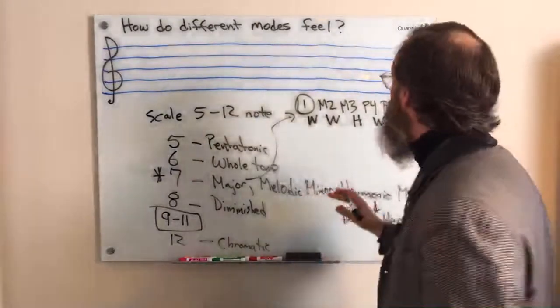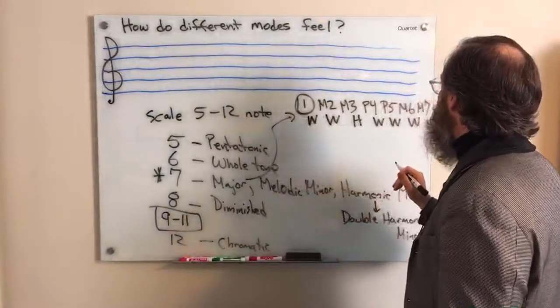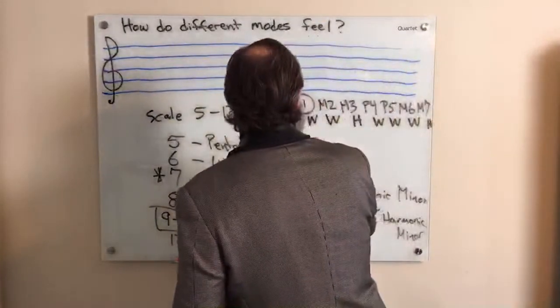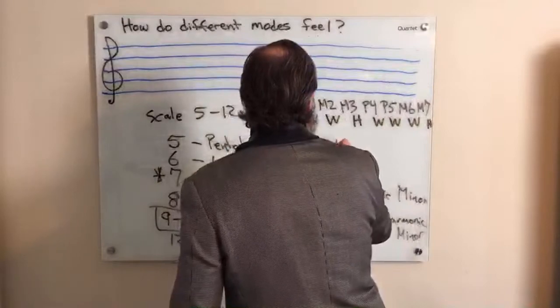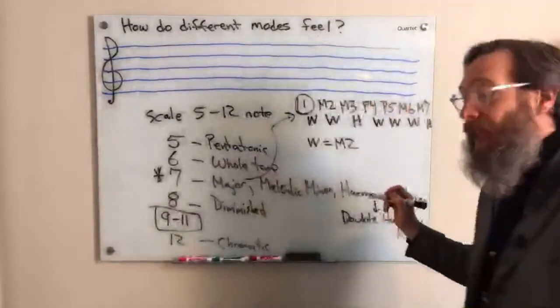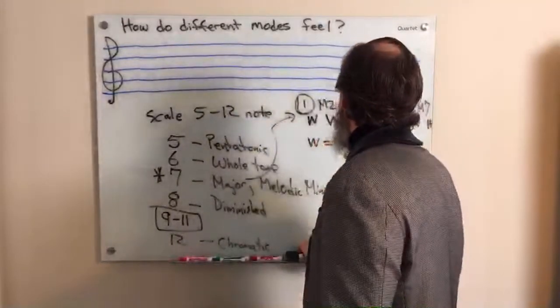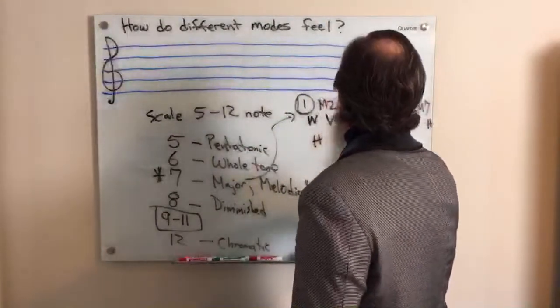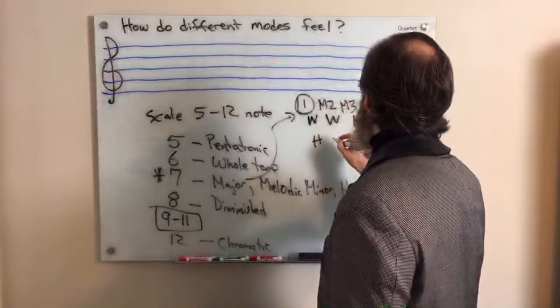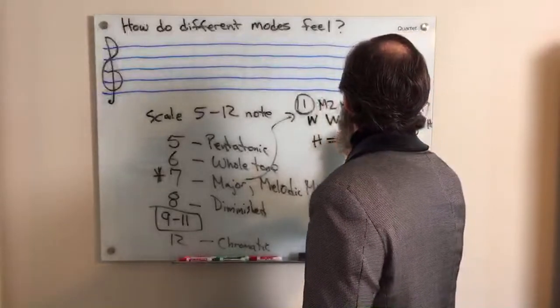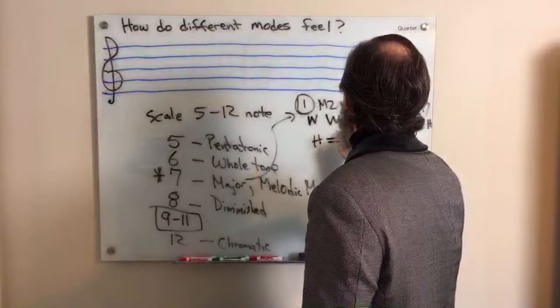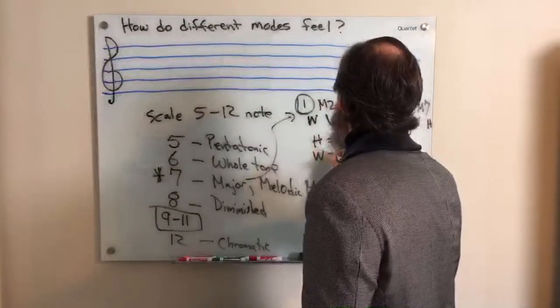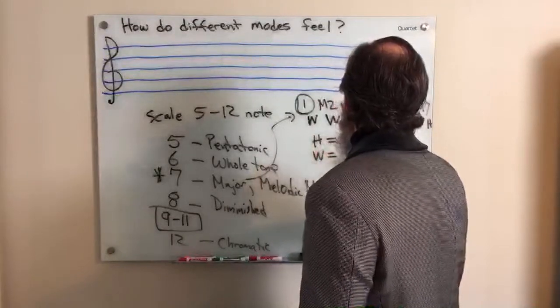And let's break down what that then means as well. So a whole step is a major second interval. And a half step, and actually let me rewrite it a little bit differently. So a half step, like what we have between the 3rd and 4th scale degree, is a minor second. A whole step is a major second.